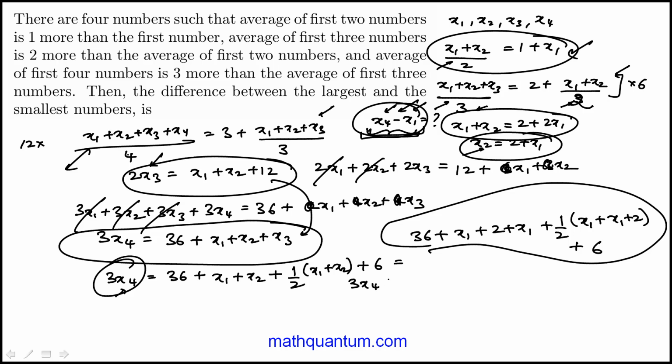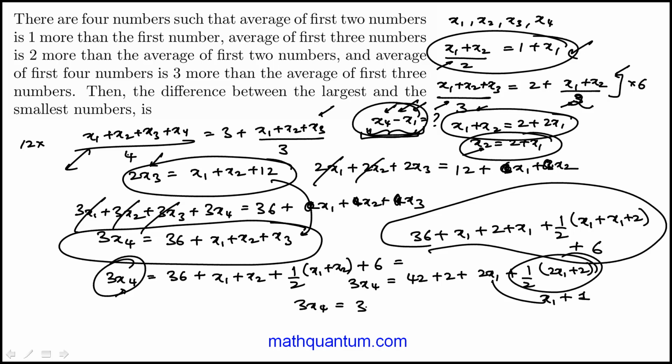So let's see if I can keep this manageable. 36 plus 6, that's 42, plus 2, plus 2x1, plus half of 2x1 plus 2. And then that's going to become x1 plus 1. So that becomes 3x1. So 3x4 is 3x1 plus 42 plus 2 plus 1, that's 45.